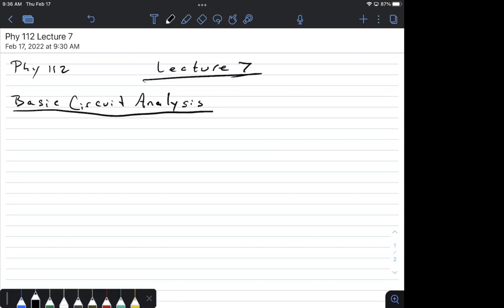Then there is a class, Physics 323, which is a whole semester just on circuit analysis, where I go through all of the analytical techniques used for analyzing a circuit. But that course is pretty much focused on DC circuits. And we'll talk about what this means, DC versus AC.